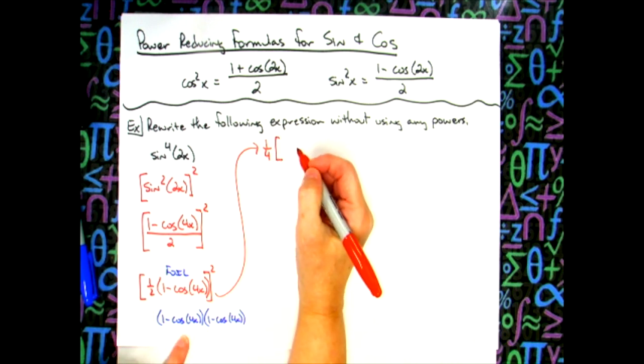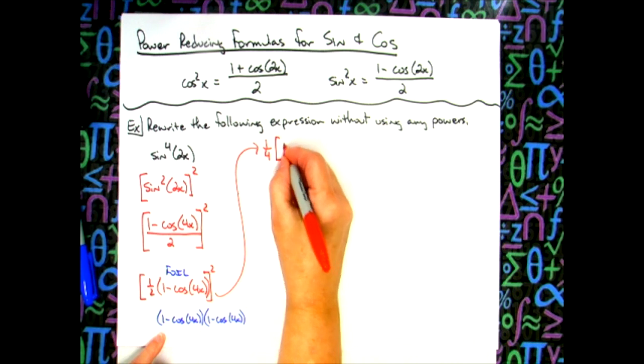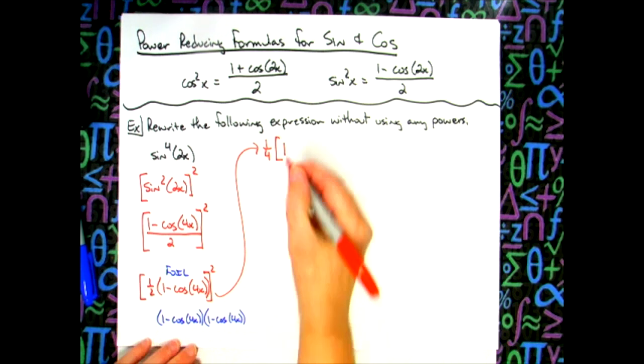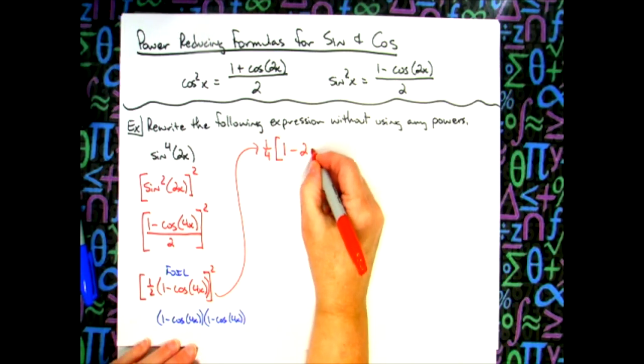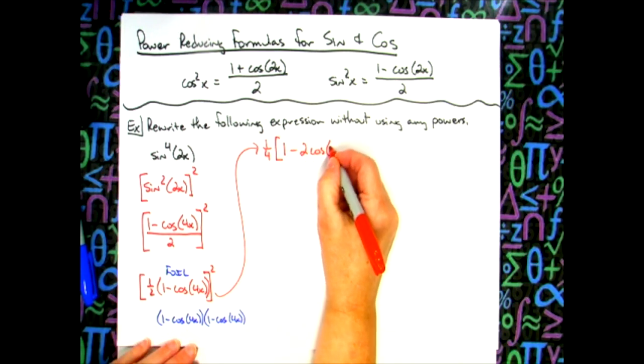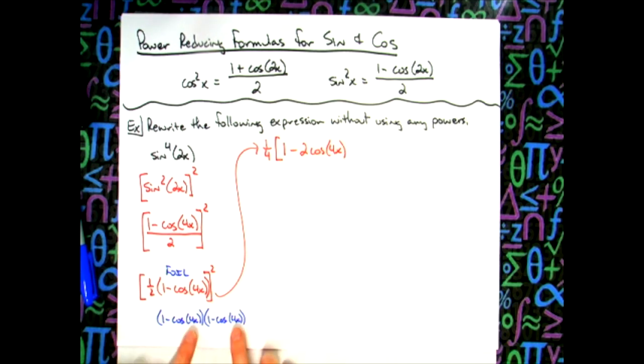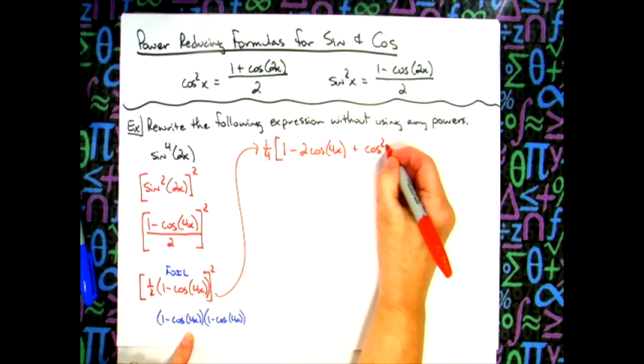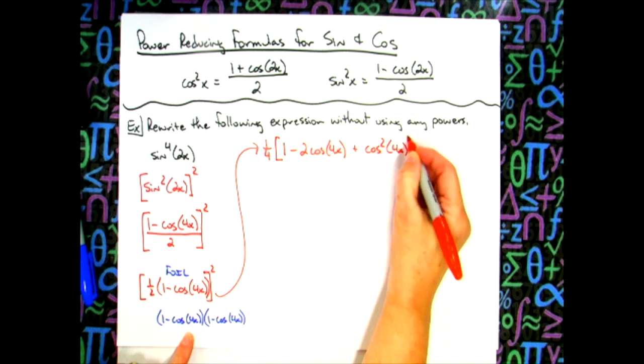Now I'm going to go ahead and FOIL this out. So first terms will be 1. Then I will have a negative cosine 4x and another negative cosine 4x from the inside and outside terms. That gives me 2 of them, so 2 cosine of a 4x. And then squaring these last terms, I'll have a cosine squared of a 4x.